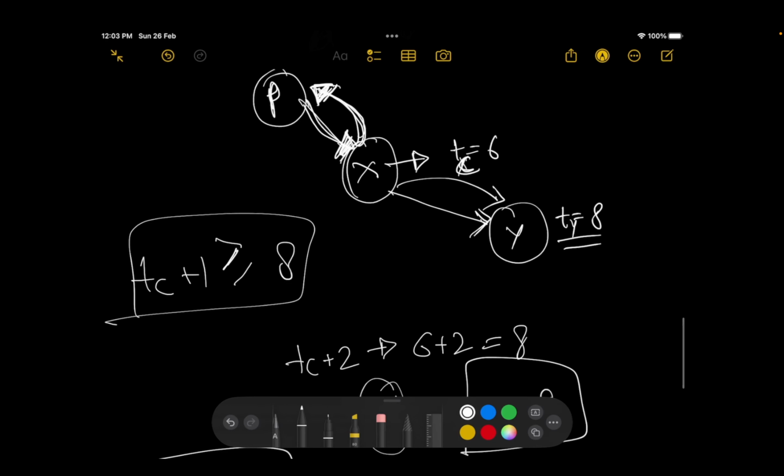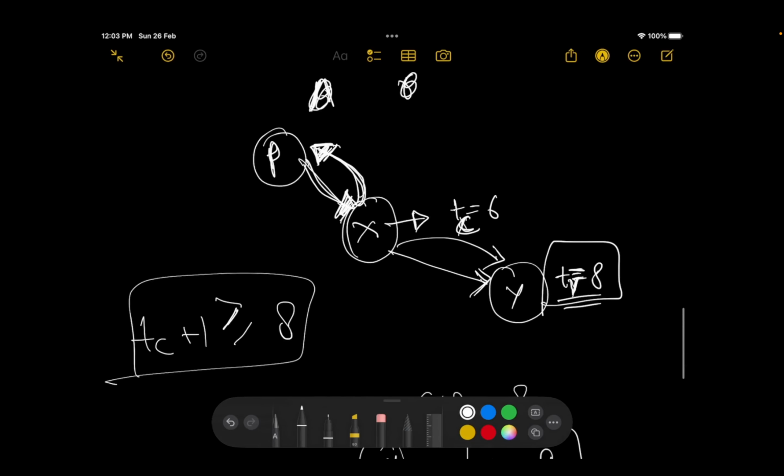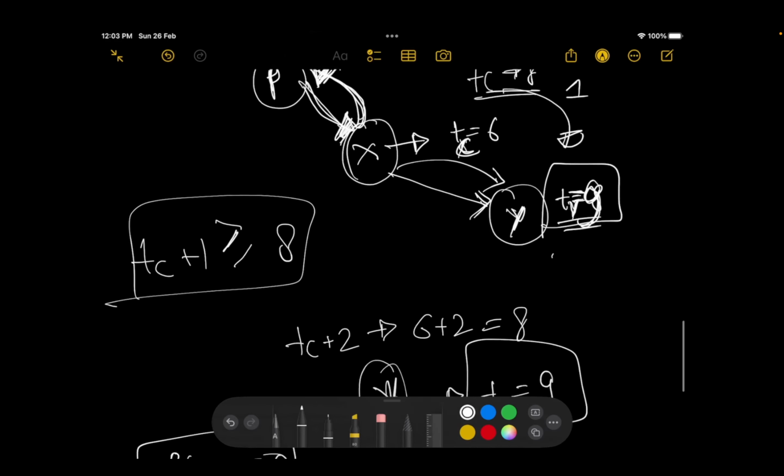So 1 extra unit would be required to reach the node y. Now let's say the difference was actually 3, so let's say it was 9 and this was 6. Then in that case tc would have become 8 after one round trip, and then you could use 1 unit of time to reach y. In that case you would have reached y at time equal to 9 itself. So that would have been optimal.